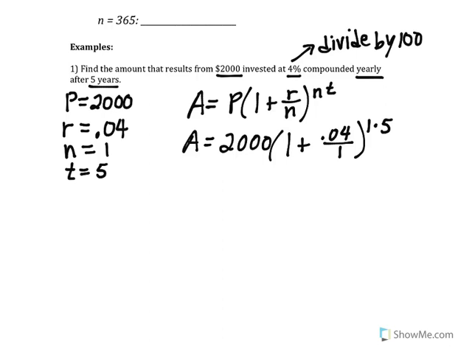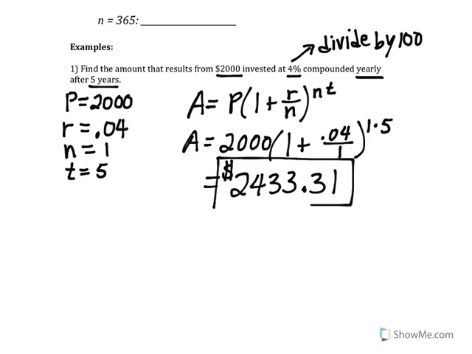So you would put in 2,000 times 1 plus 0.04 to the 1 times 5. As long as your calculator is updated, this is a good way to do it. You can use things like alpha y equals if you do have a fraction that you're working with. Since we're going to be working with money, you're always going to round to 2 decimal places, and that will be standard throughout as long as the final answer is money. And we'll keep the other ones also 2 decimals.